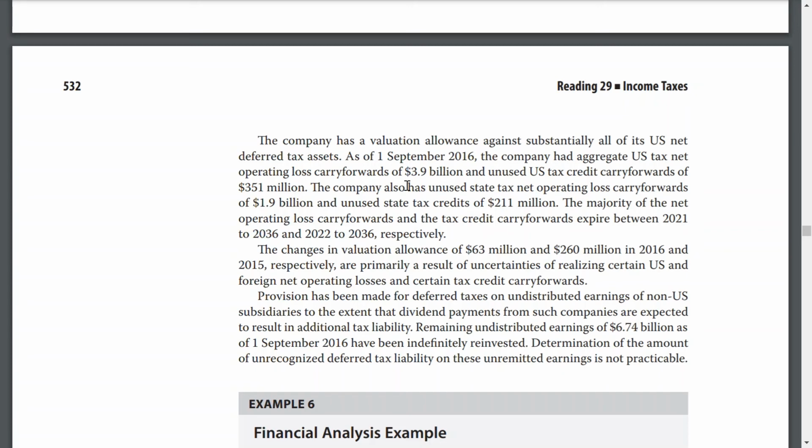The company also has unused state tax net operating loss carryforwards of $1.9 billion and unused state tax credits of $211 million. The majority of the net operating loss carryforwards and tax credit carryforwards will expire between 2021 and 2022 and 2036 respectively.